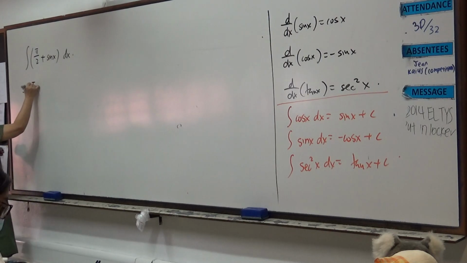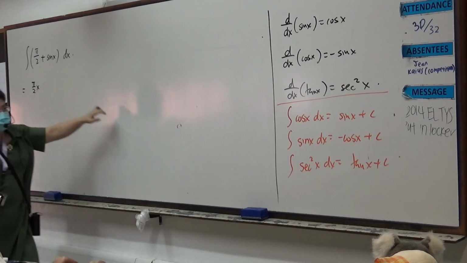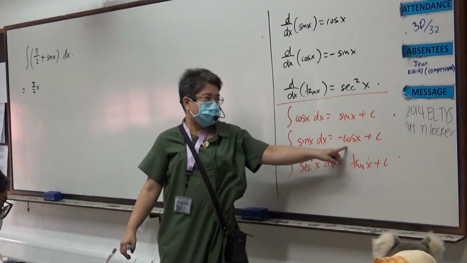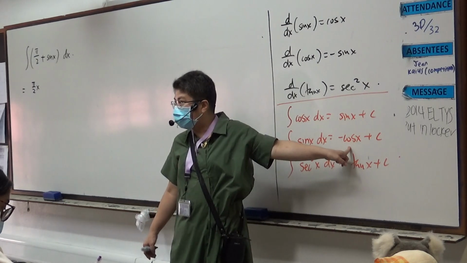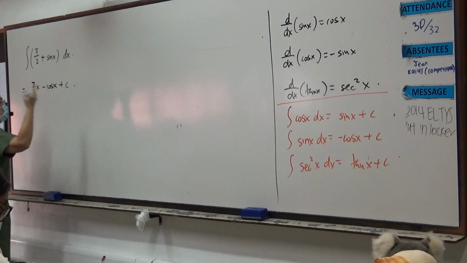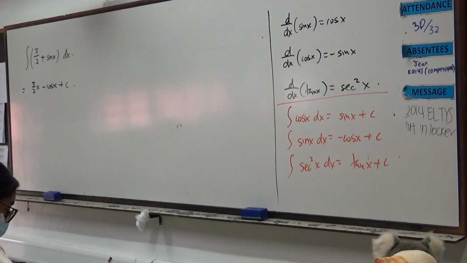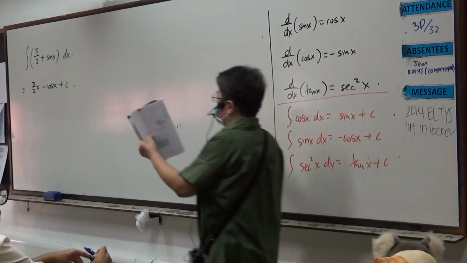So this will become pi over 2 times x, right? Correct. A constant when you integrate becomes constant times x. Now sine x, so what will it be? Negative cosine x, then you just plus c. That's all. So you get pi over 2 x minus cosine x plus c. Everybody okay so far?